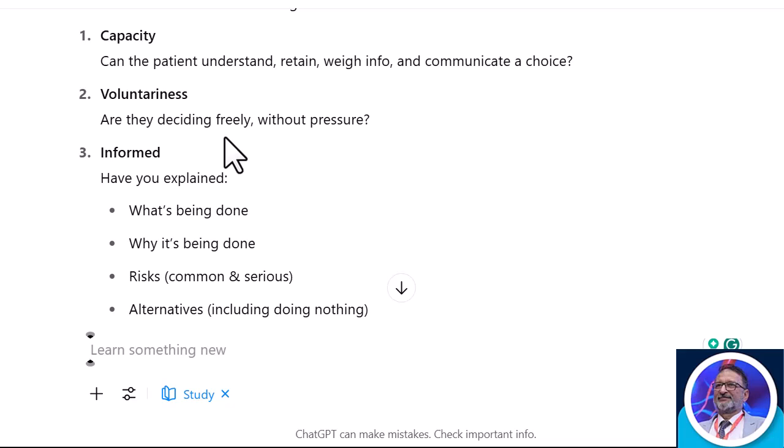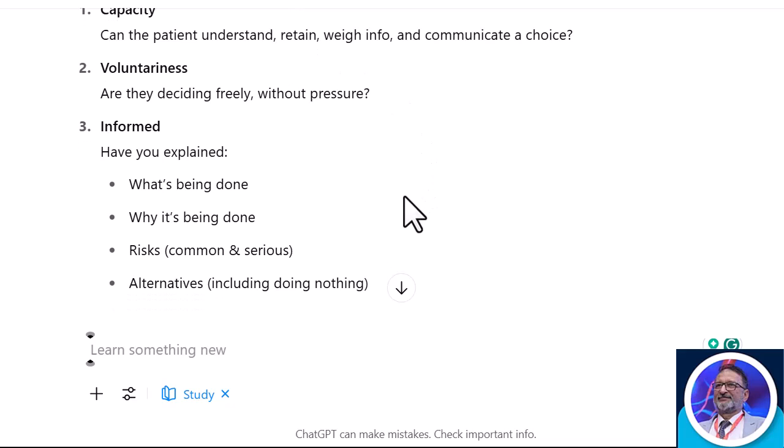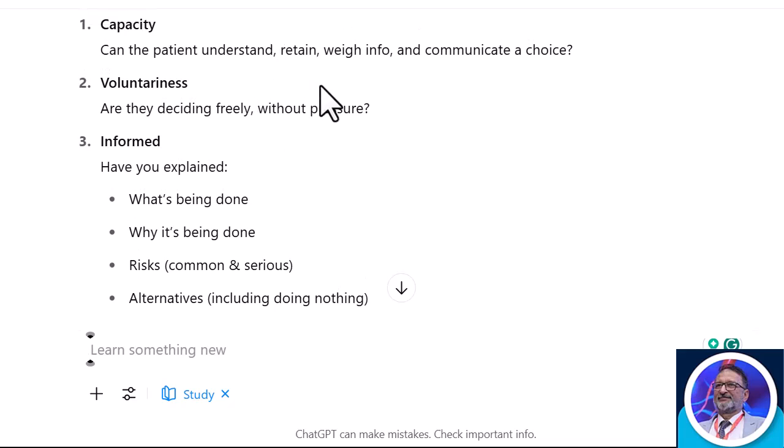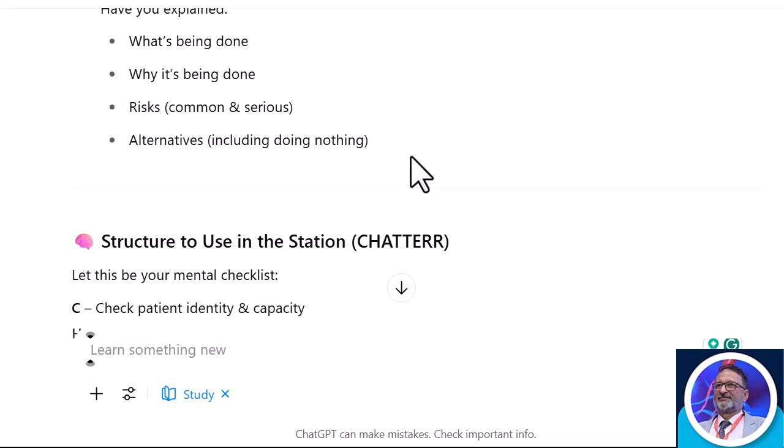Informed means you must know what operation you will be having, and this is why it is called informed consent. And capacity means you have the judgment to say yes. So, for example, children cannot give informed consent. Patients who are confused or with neurological deficit cannot give informed consent.